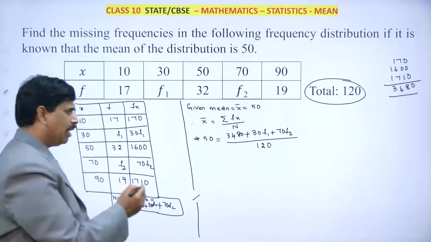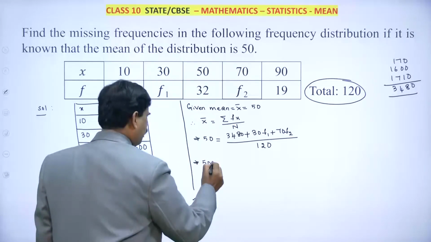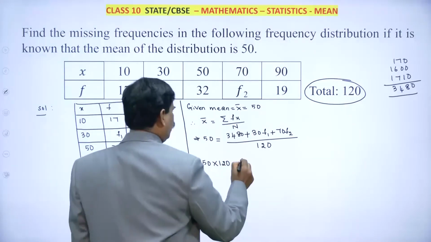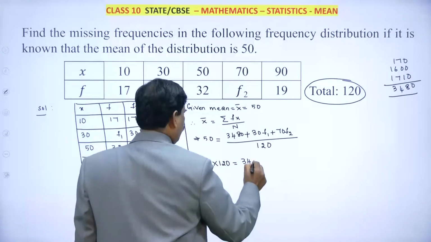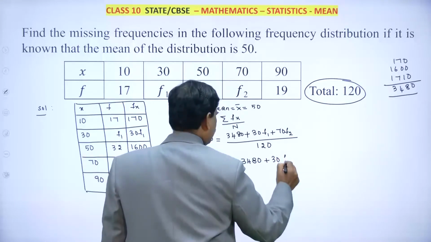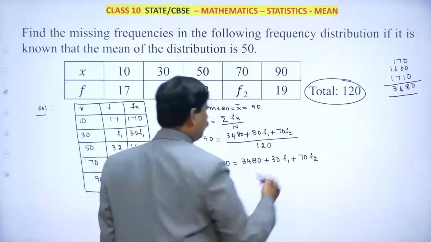Now get that 120 this side, children. So it will be 50 into 120. This is equal to 3480 plus 30 f1 plus 70 f2.